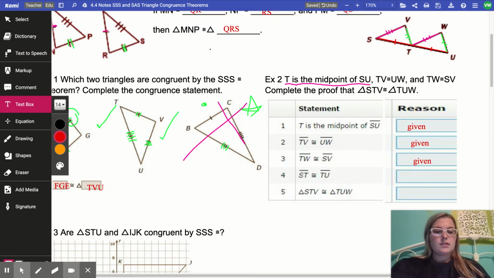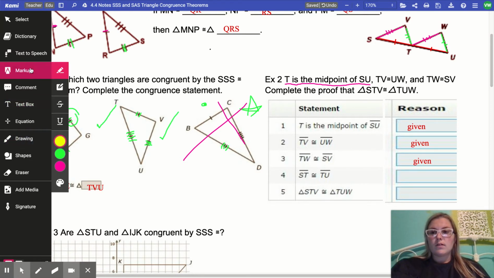Now in step 4, it says ST is congruent to TU. Well, we knew this because I'm looking for my highlighter. Okay, we knew this because T was the midpoint of SU.